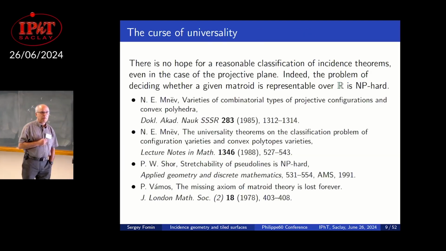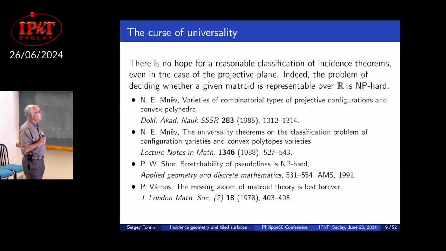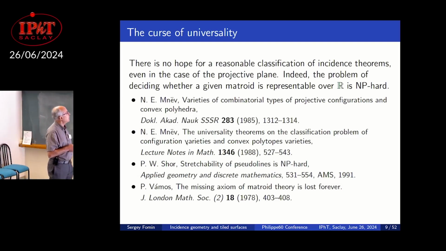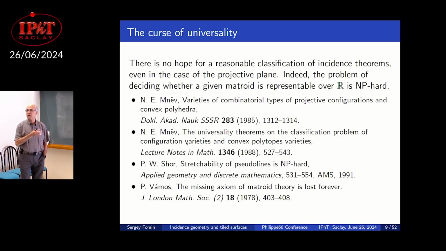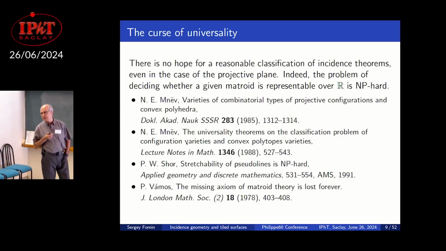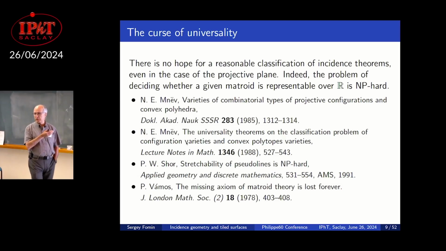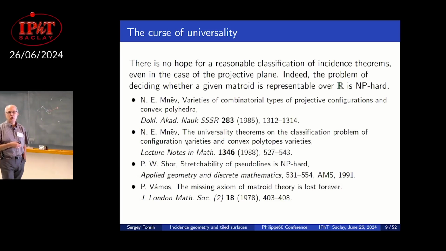Another nail in the coffin was put in by Mnev's universality theorem. Some of you know about it, and I guess it was even mentioned in one of the talks. It suggested that there is no reasonable classification of incidence theorems, because that would amount to being able to recognize which matroids are realizable and which are not.